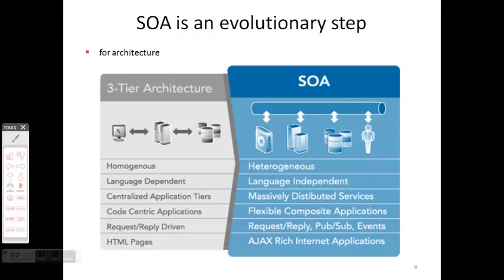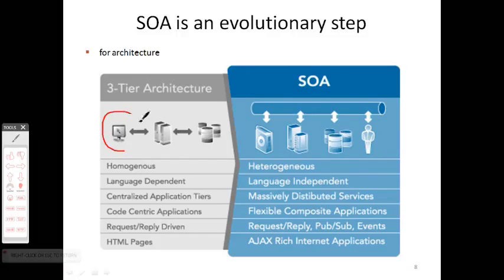The most famous type of legacy system was the three-tiered architecture, in which we had the presentation layer, the business logic layer, and the data layer.